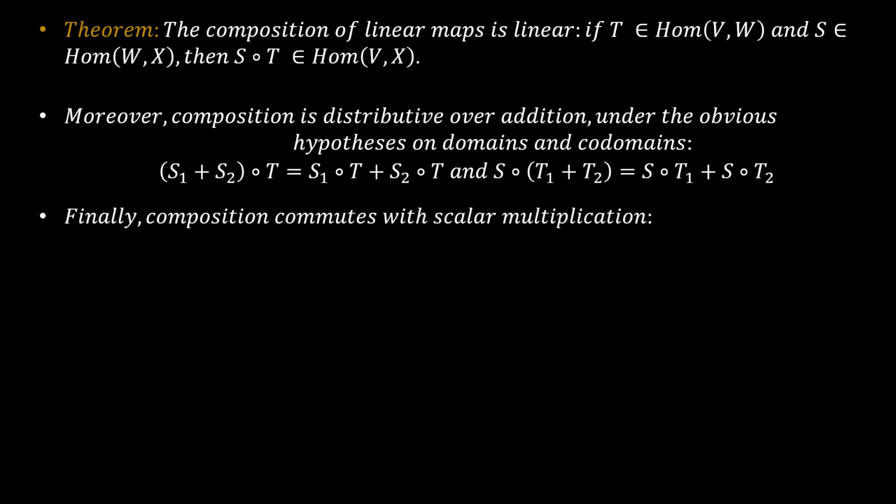And finally, the composition commutes with scalar multiplication. I don't need to go into much detail about that, but we're going to do a small proof here to prove why this theorem holds.